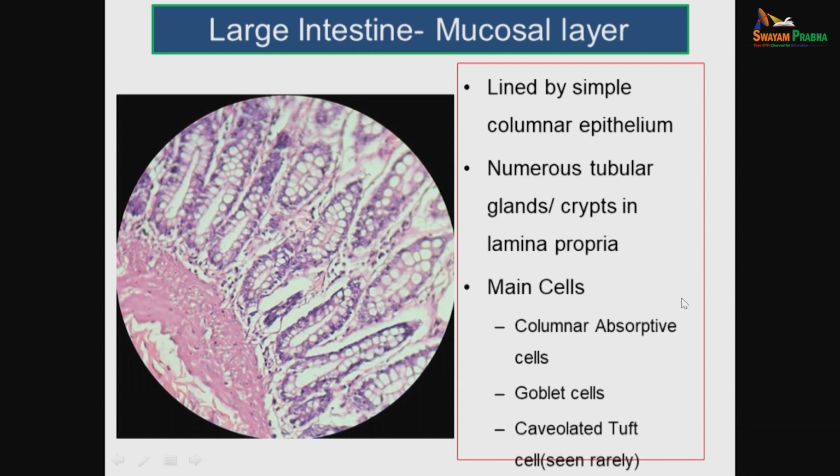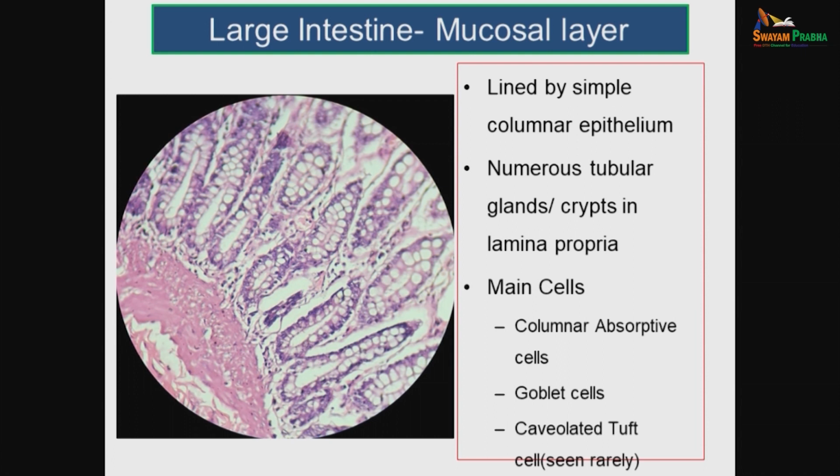The columnar cells, because their main function is absorption, have in their lateral cell membrane a pump mechanism called sodium-potassium ATPase. The sodium-potassium ATPase is present in the lateral aspect of the plasma membrane. The pump functions in such a way that the water present in the lumen is absorbed and circulated into the system.